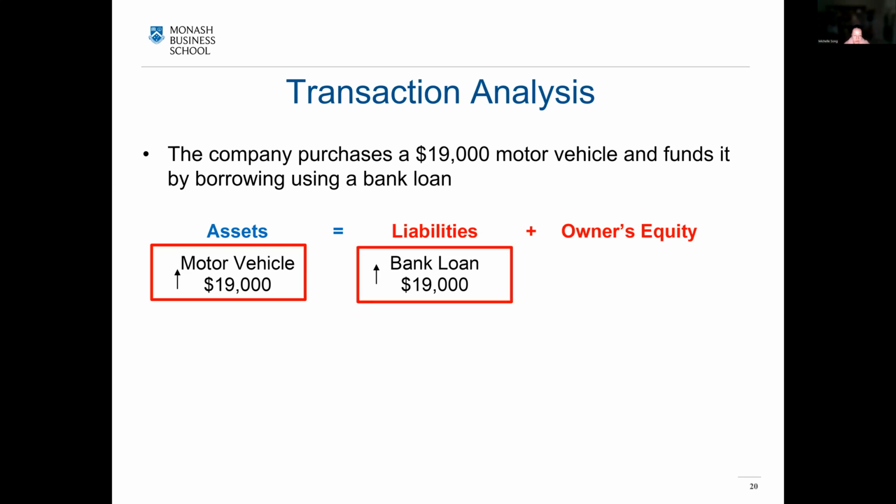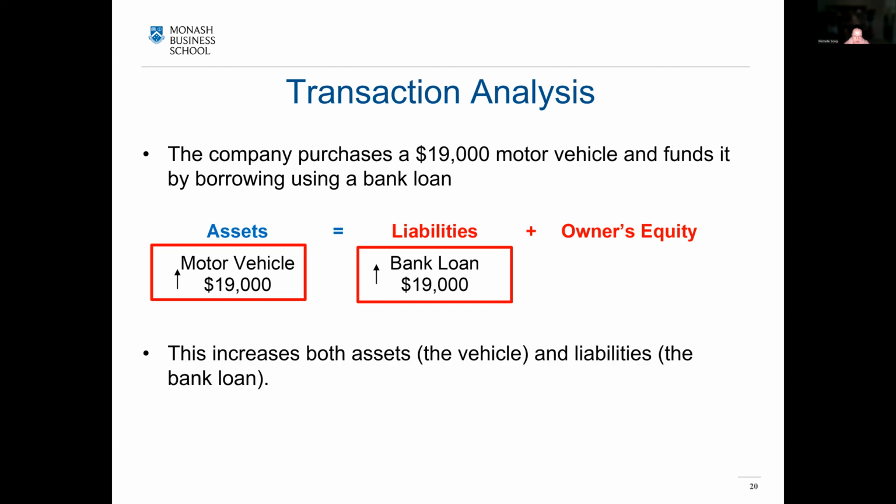Essentially the bank loan goes up by 90 because they have borrowed money to purchase the motor vehicle. So in this case, there was an increase in both asset, which is a more physical type of asset, motor vehicle, and an increase in liability, which is a bank loan.